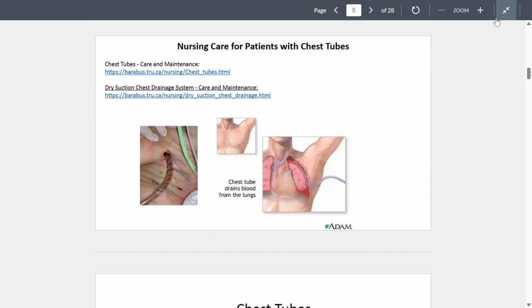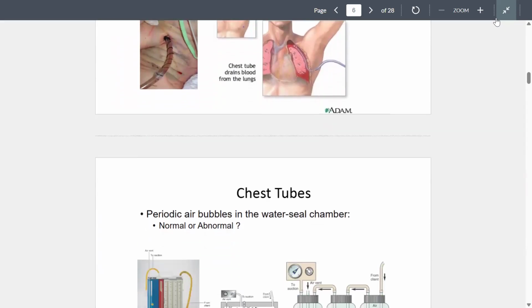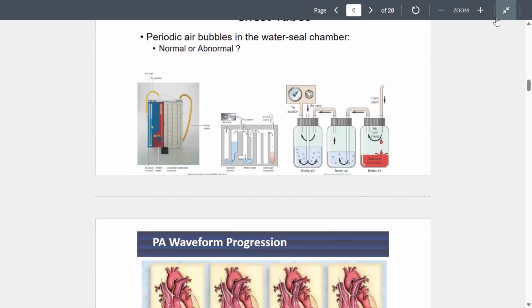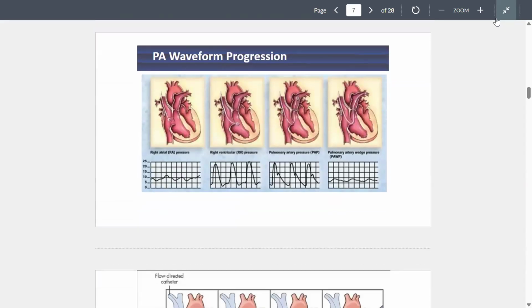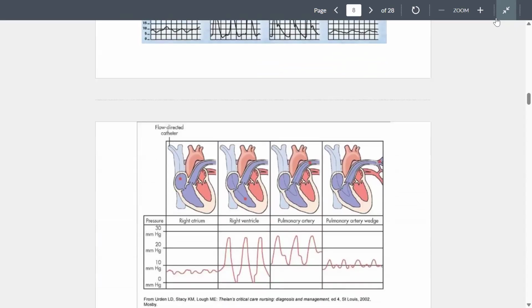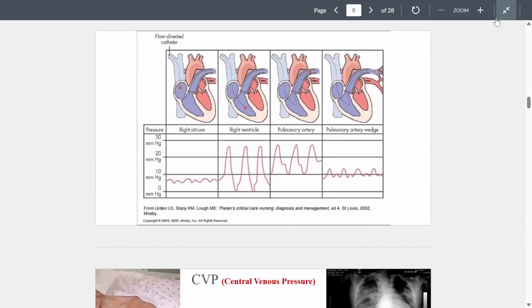So the chest tube, I think we went over the chest tube in class, and we spent a good amount of time on that. The PA catheter, which is the Swan-Ganz catheter, and the waveforms associated with that, especially the PAWP or the wedge pressure or occlusion pressure, which we anticipate towards the end.